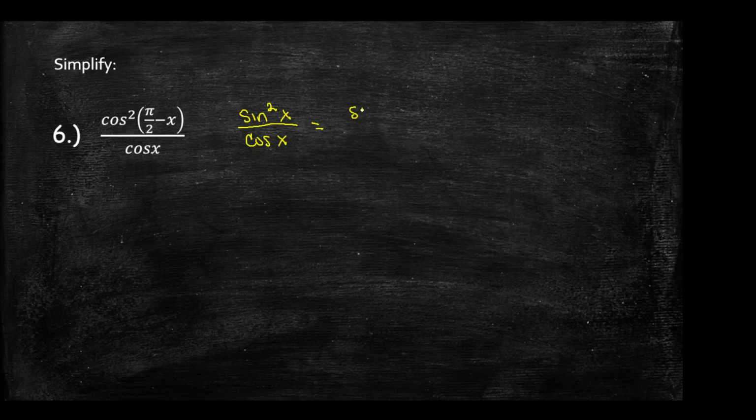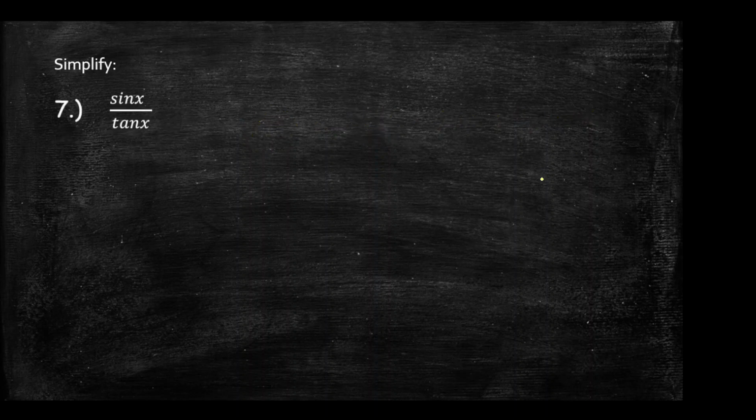I have sine x over cosine x times sine x. Sine over cosine x, this is tangent, right? So this would equal tangent times sine x. And I don't think I can take that any further than that.